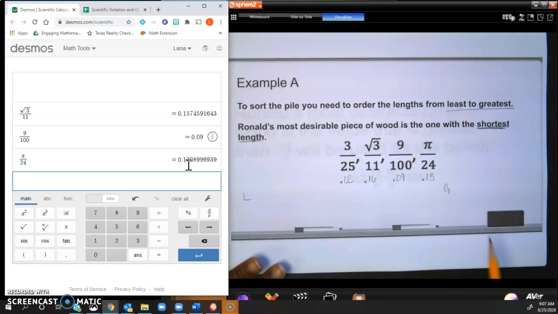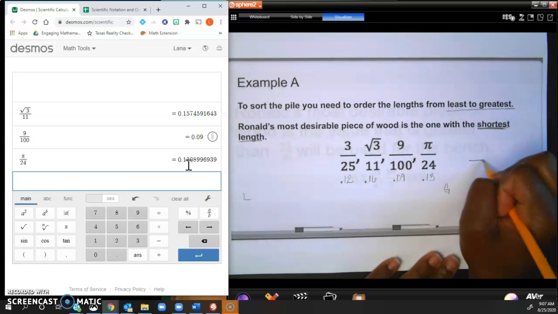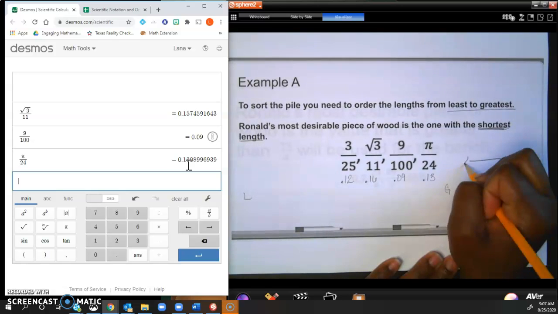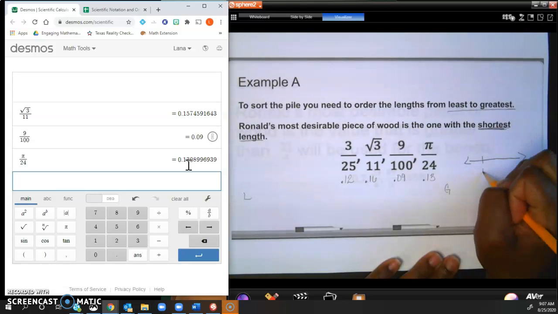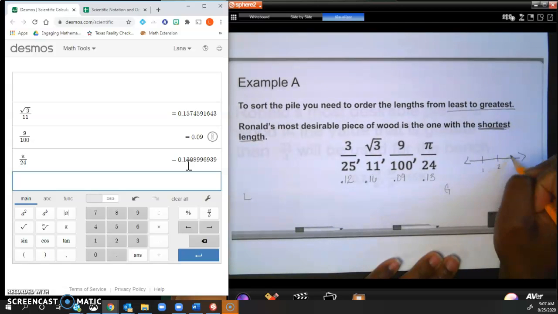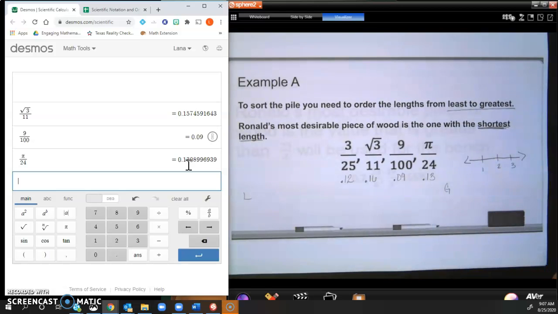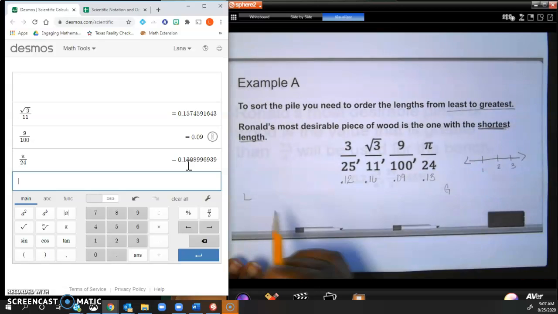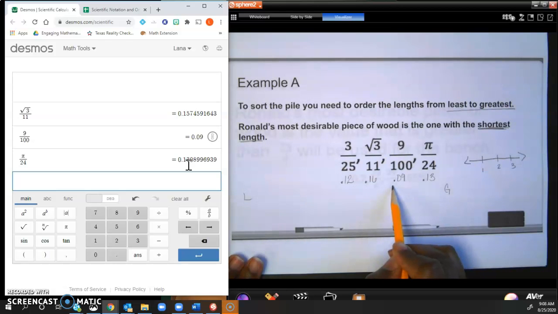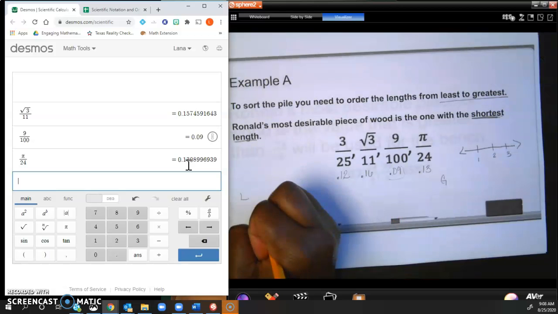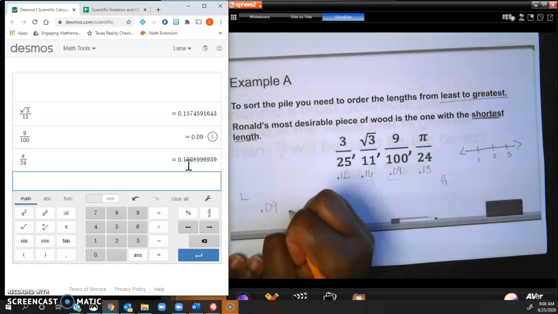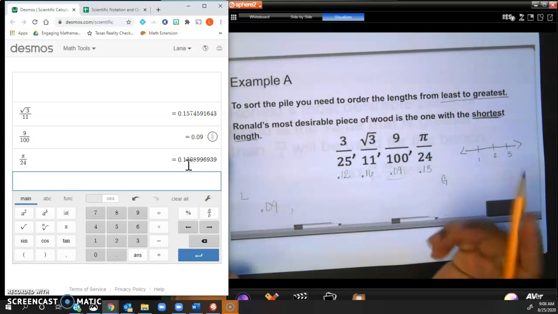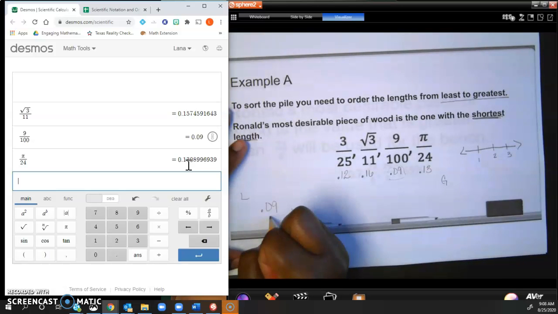So I want to put these in order from least to greatest. If you need, you can always draw a number line to help you. So I have 1, 2, 3. We're not working with any negatives, but if you need to draw a number line and place them, go ahead. My smallest number would be 0.09, which is really 9 over 100.